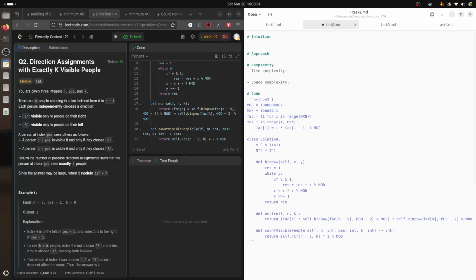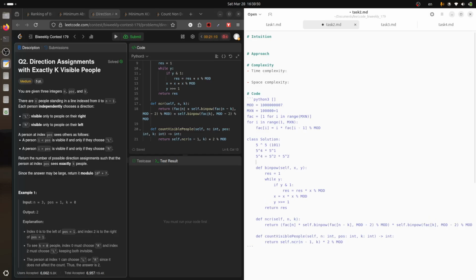And to solve 5 to the power of 4, we get 5 to the power of 2 times 5 to the power of 2, right? And suddenly we can multiply a large number. And then 5 to 5 is 5 squared times 5 squared times 5 to 1, and suddenly this is way easier because it's logarithmic.